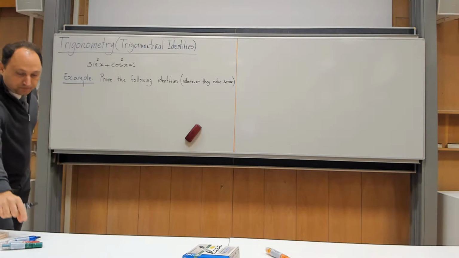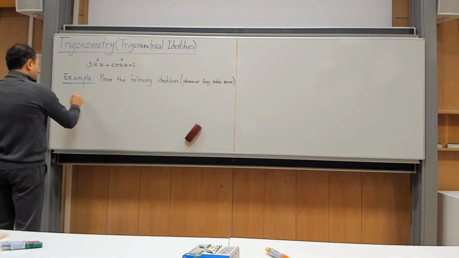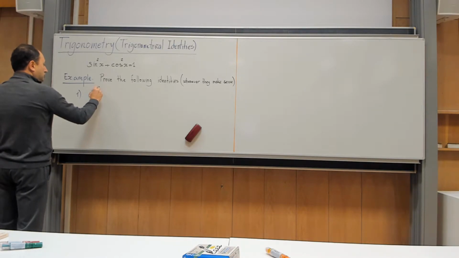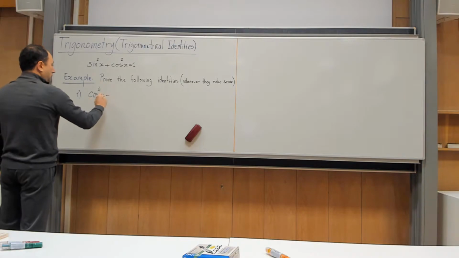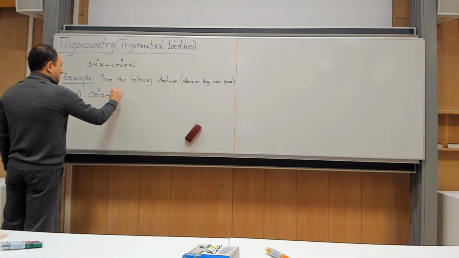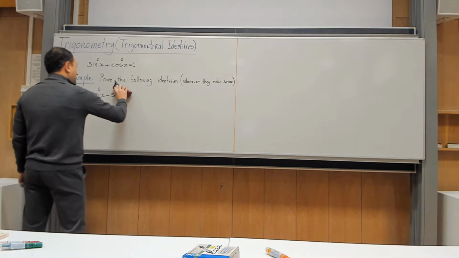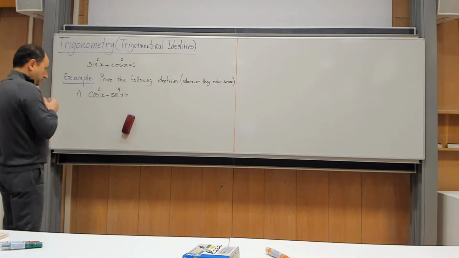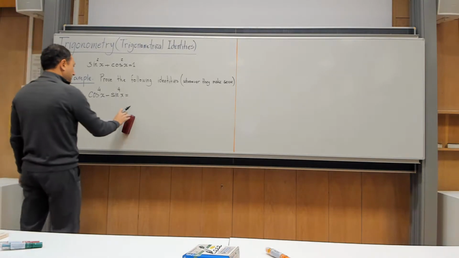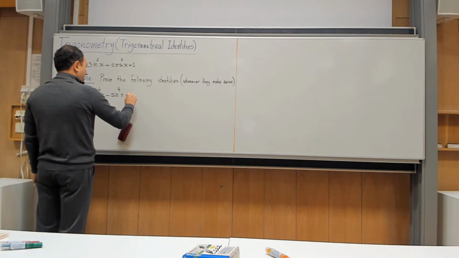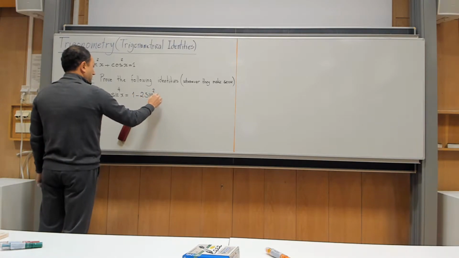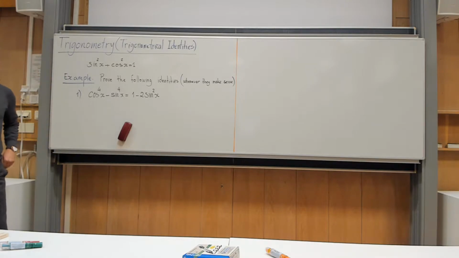So number one, we want to show that cosine to the 4 of x minus sine to the 4 of x is equal to, let me think a little bit, 1 minus 2 sine squared x. So for example, we want to show this.